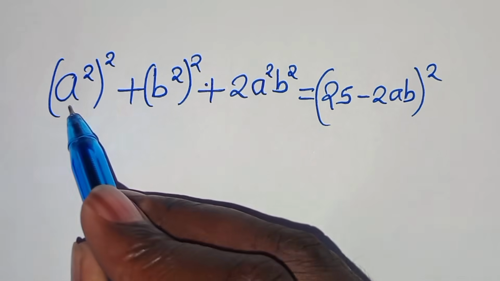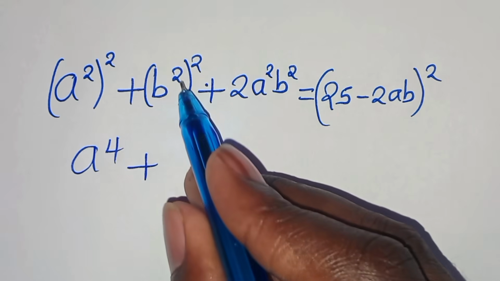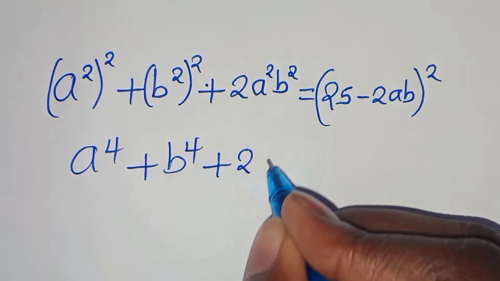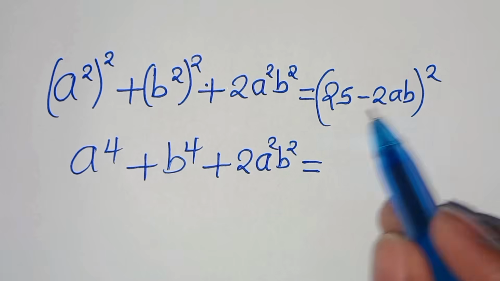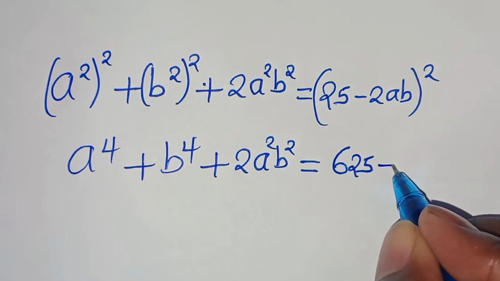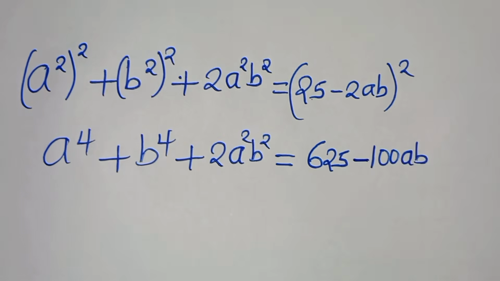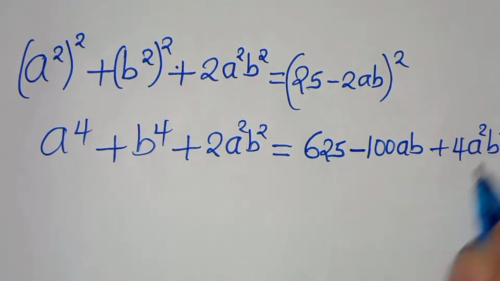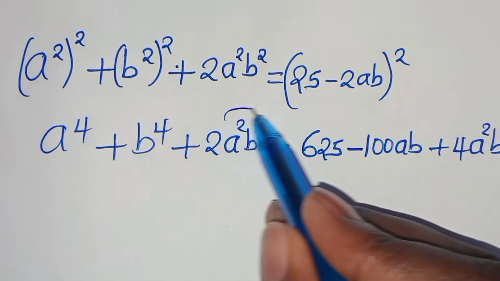This implies a to the power of 4 plus b to the power of 4 plus 2a squared b squared equals, expanding, 625 minus 100ab plus 4a squared b squared.